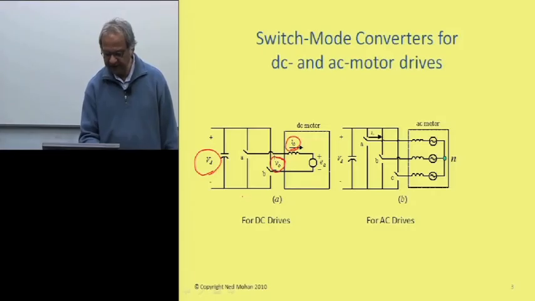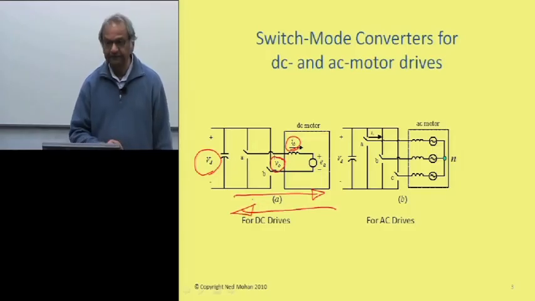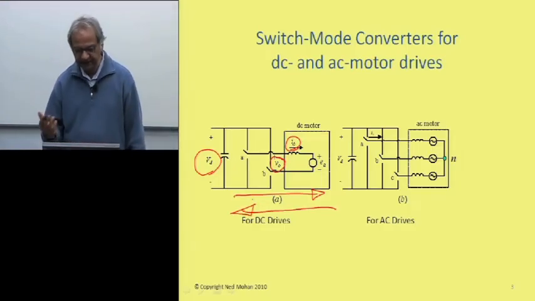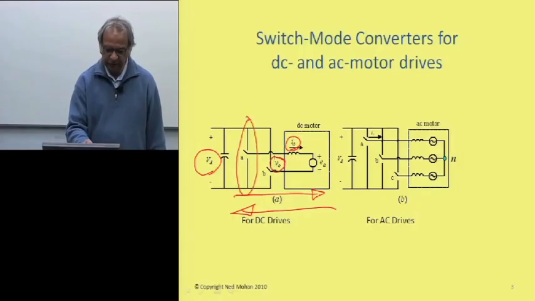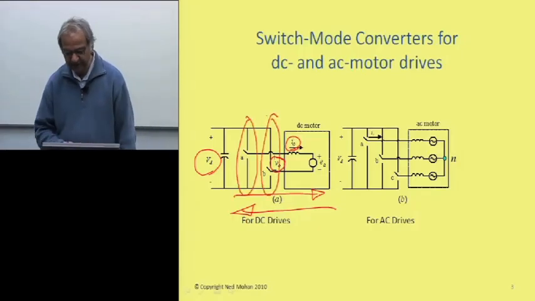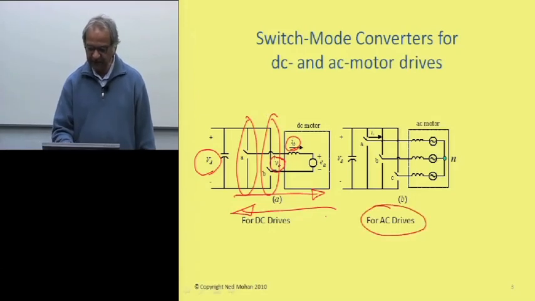And again, like I mentioned to you, power flow could be this way or it could be this way here. In this case we have two switching power poles here, and we will discuss that more in detail. And similarly, when it comes to AC motor drives, we have three such power poles here.